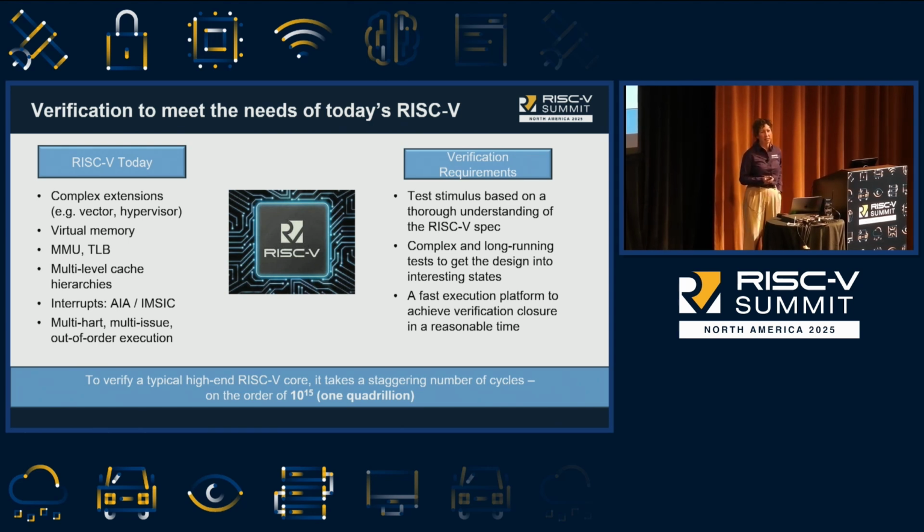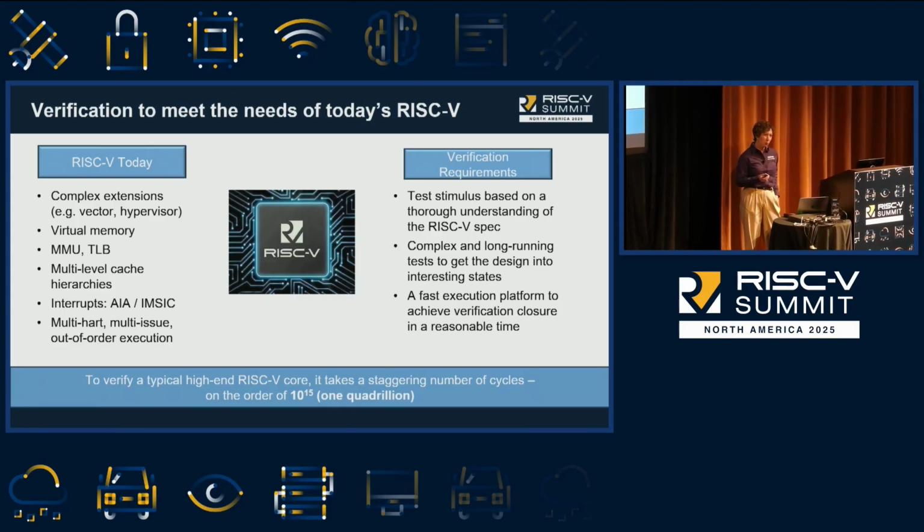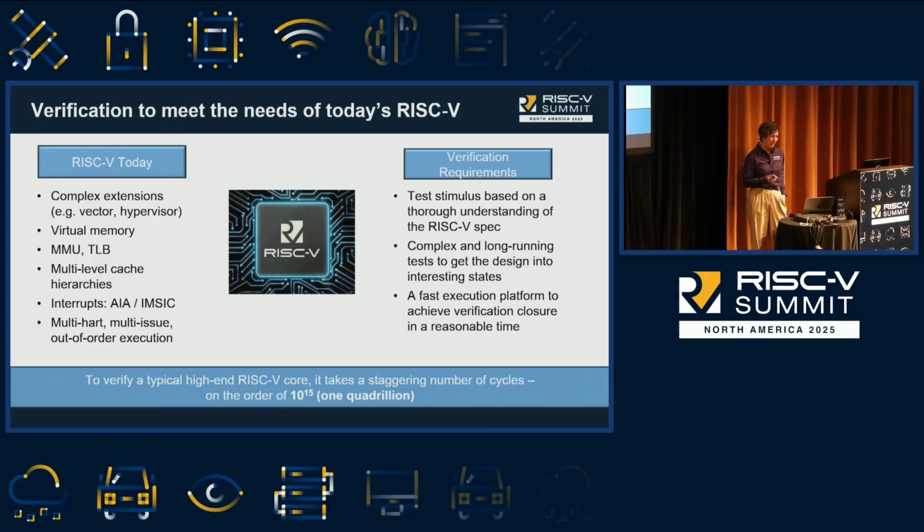Because it's when the design is in these interesting states that we can start to expose microarchitectural bugs in addition to architectural issues. And going along with these longer running tests and more complex test stimulus, we need a way to execute those tests so that verification can be done in a reasonable amount of time.